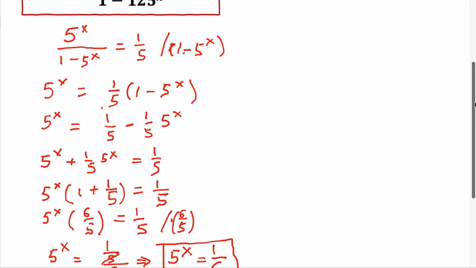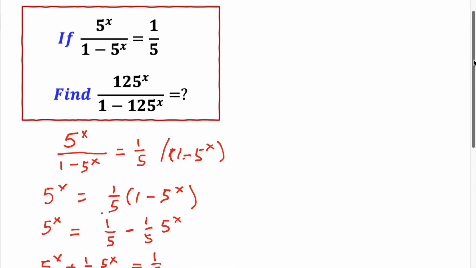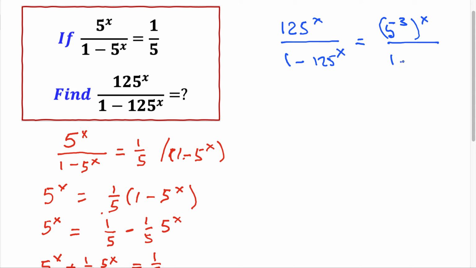But now I want to find this: 125 in exponent x divided by 1 minus 125 in exponent x. So I'm taking this part here, and let me rewrite this 125 with a different color. 125 in exponent x divided by 1 minus 125 in exponent x. And this one I can write as 5 cubed in exponent x divided by 1 minus 5 cubed in exponent x, because 125 is 5 cubed.